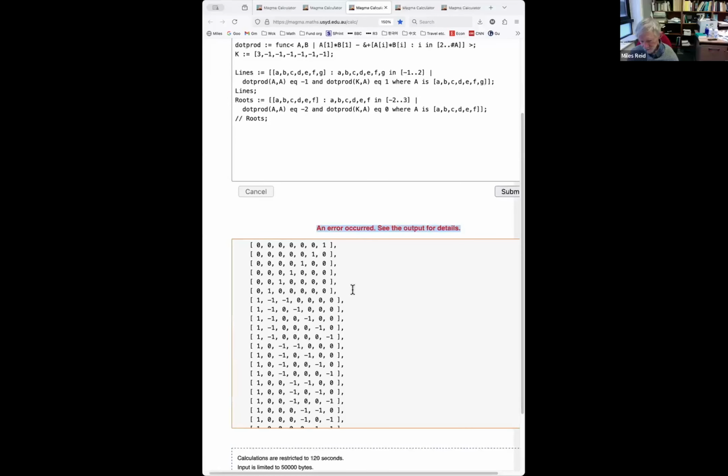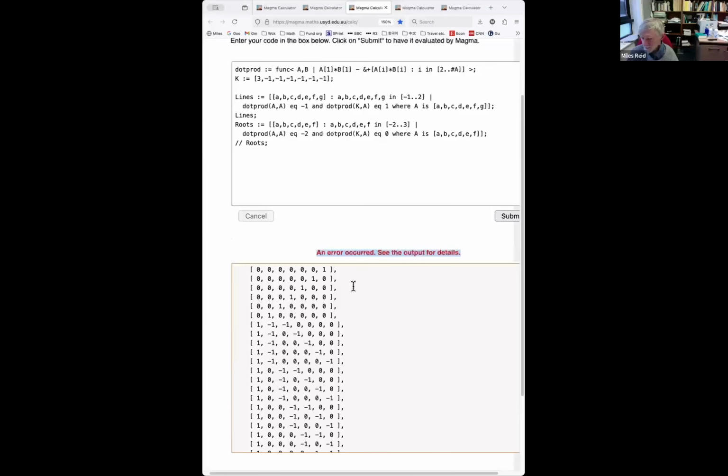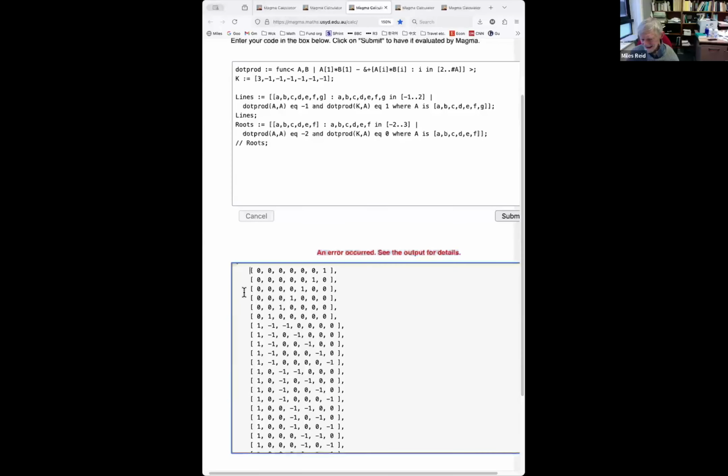So this was the table I gave you when I was talking about the double six. Here are 6 disjoint lines on the cubic surface.